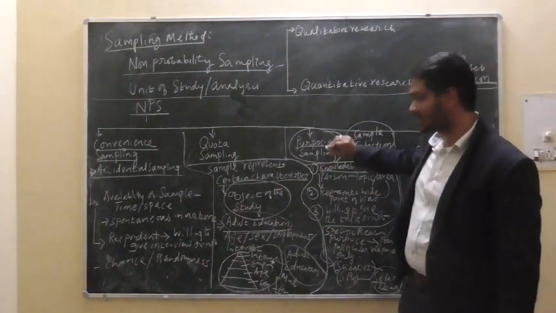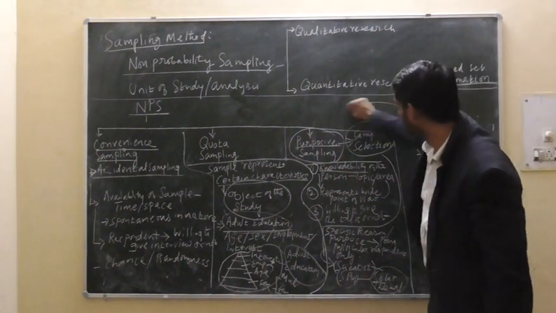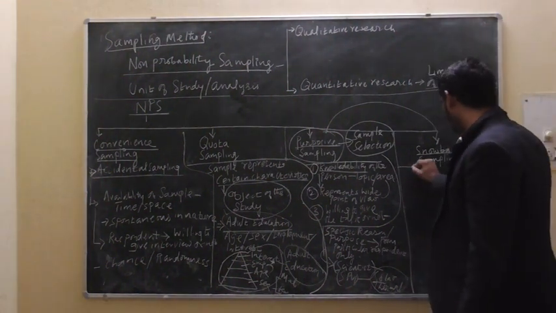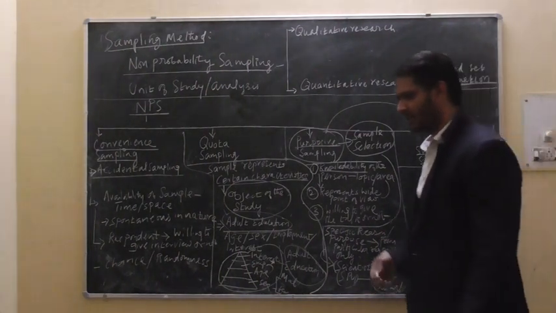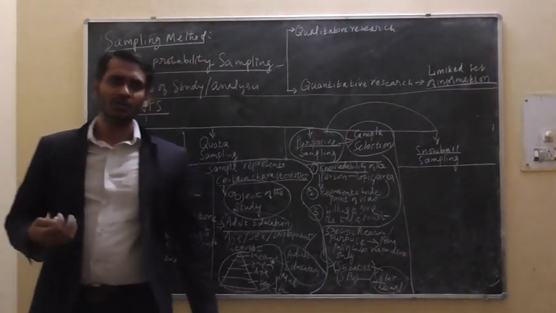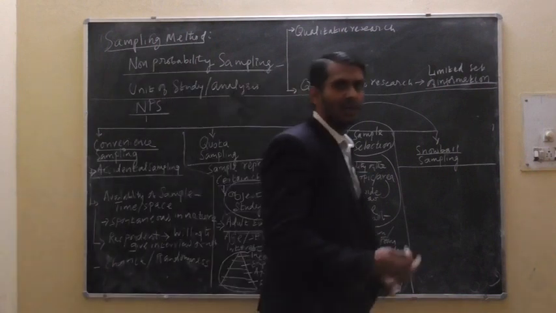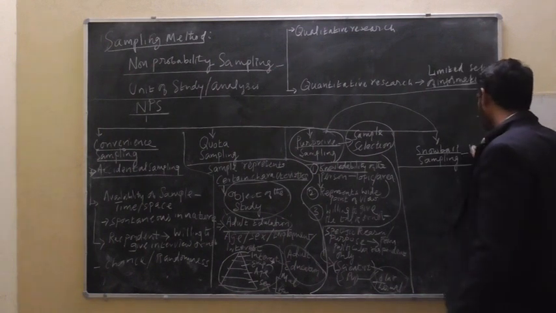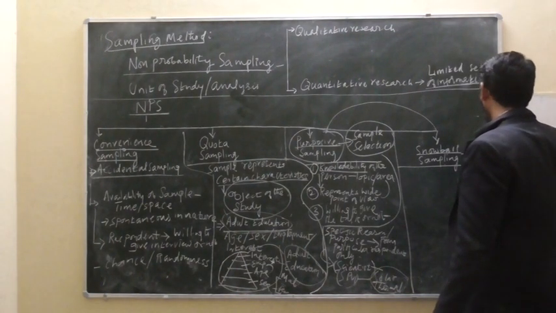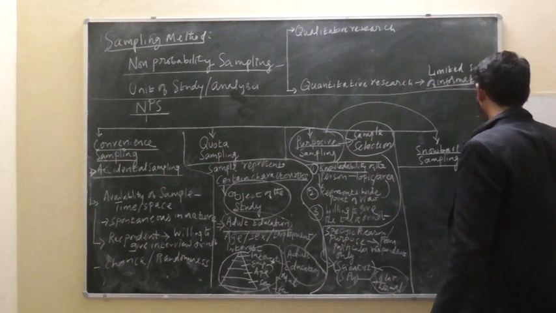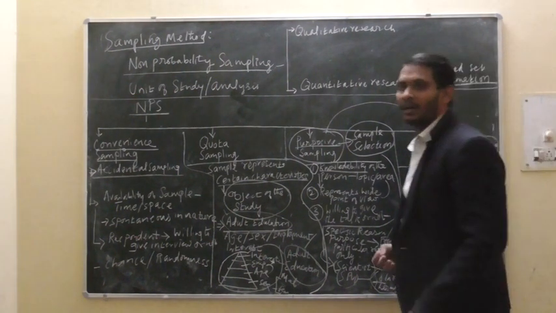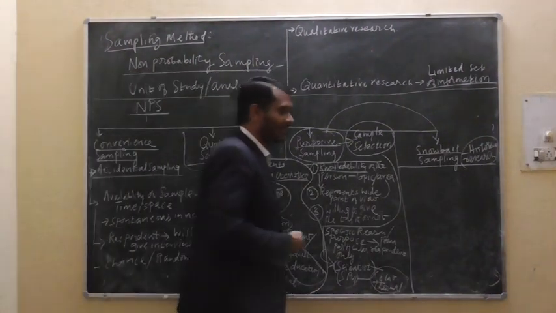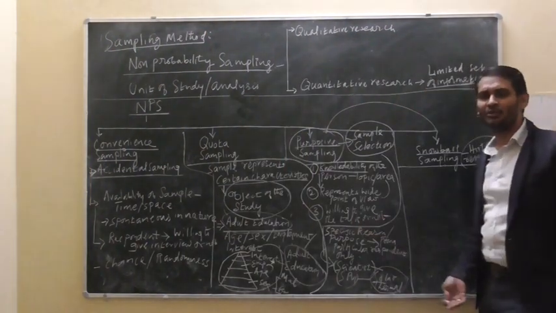For instance, I also employed snowball sampling in my dissertation, because when I started doing the interviews, I didn't have any information regarding who were the scientists who actually worked in the area of solar photovoltaic 30 or 40 years ago, because mine was more of a historical research, exploring solar photovoltaic technology development from the 1950s onwards. So I wanted to know, for instance, certain senior scientists who worked in the area of solar photovoltaic.